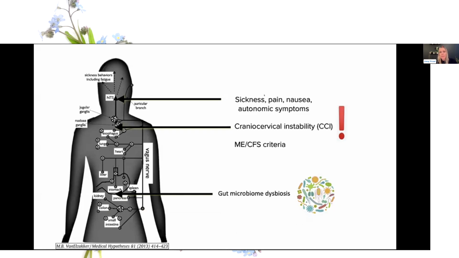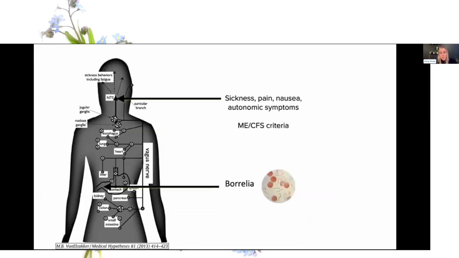They could develop symptoms of sickness, pain, nausea, autonomic symptoms, and they can also meet ME/CFS criteria. Another person might have Lyme disease, which can persist in some people and become chronic in terms of that infection. And it's possible that the Lyme pathogen can also impact vagus nerve signaling, could also have some impact on the brainstem, and could also result in sickness, pain, nausea, autonomic symptoms, leading someone to be diagnosed with ME/CFS.